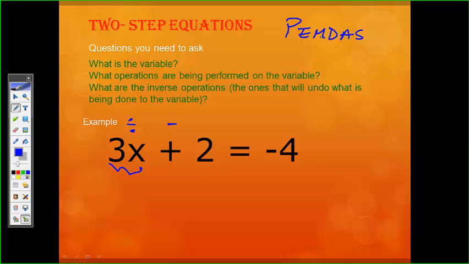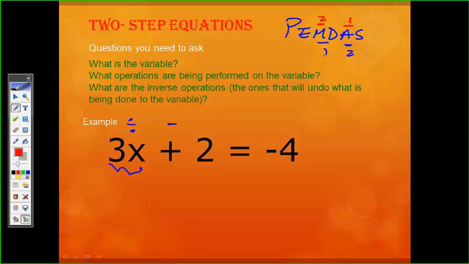Okay, so usually if we were going to solve this, if we knew what x was, we will go ahead and multiply and then add. Okay, we will multiply first and then add. So now we have to do everything backwards. So to undo this, we need to first undo the addition by subtracting, and then we undo the multiplication by dividing.